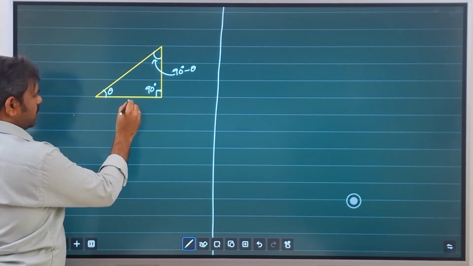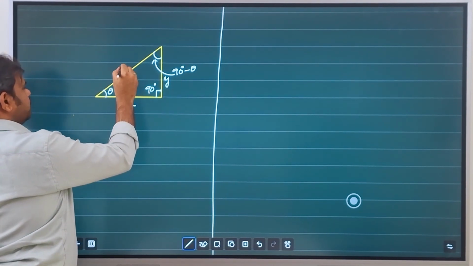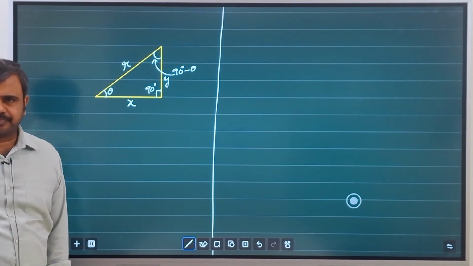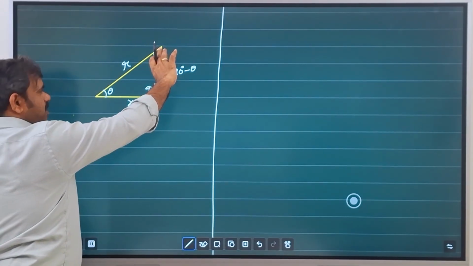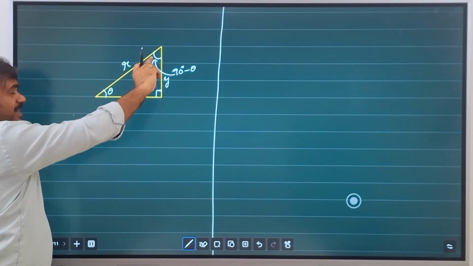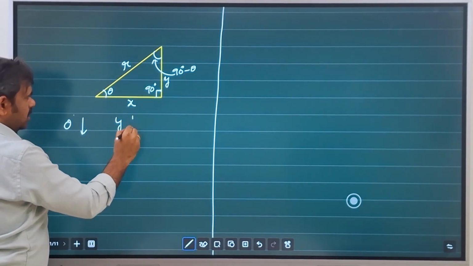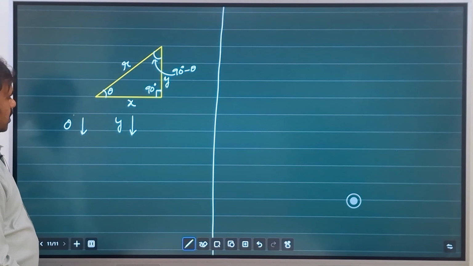We are calling the horizontal side x, the vertical side y, and the hypotenuse r. As theta decreases, as theta becomes smaller and smaller, if you look at the opposite side, y decreases. You can see that.